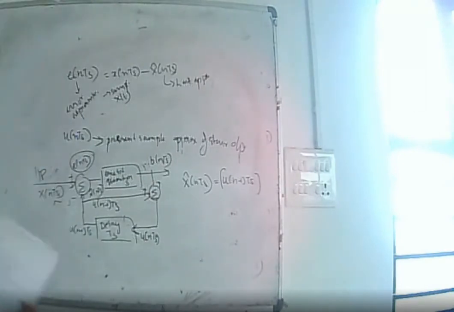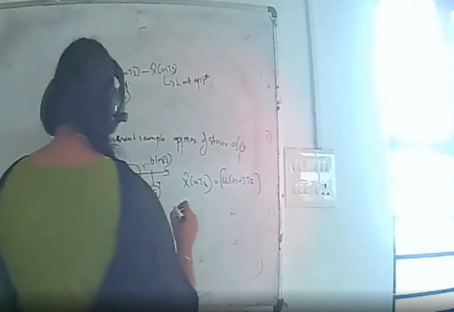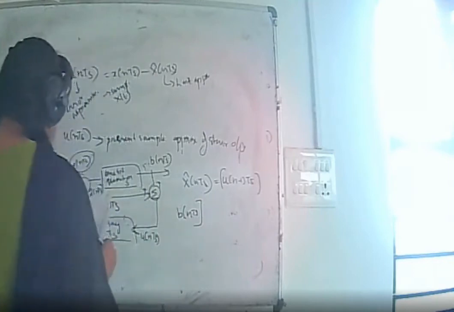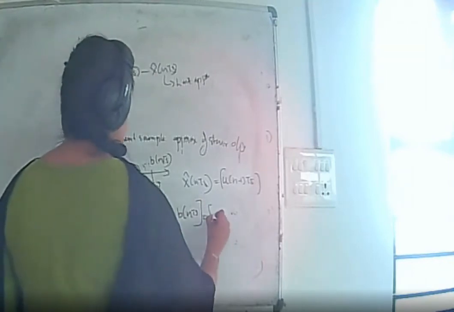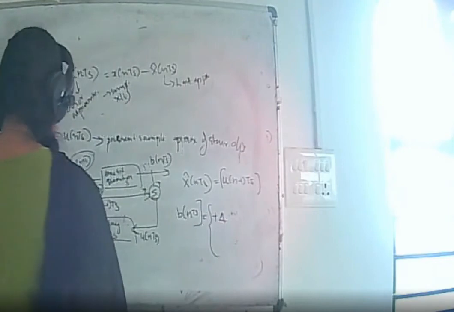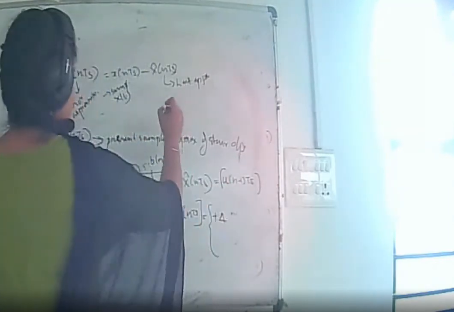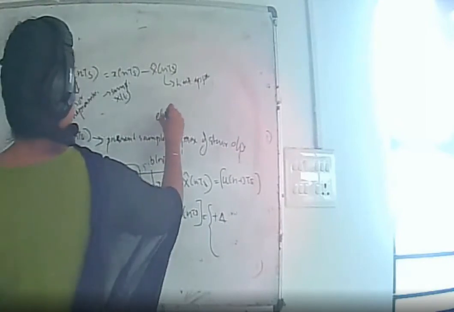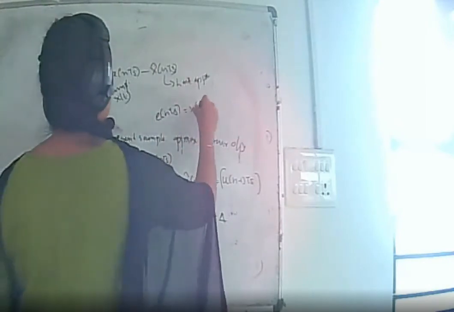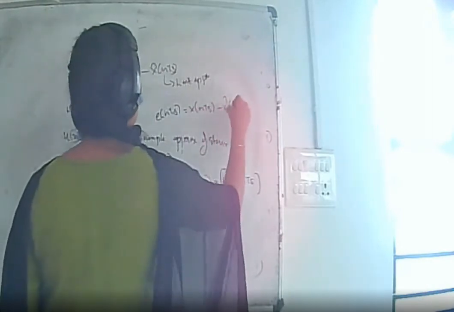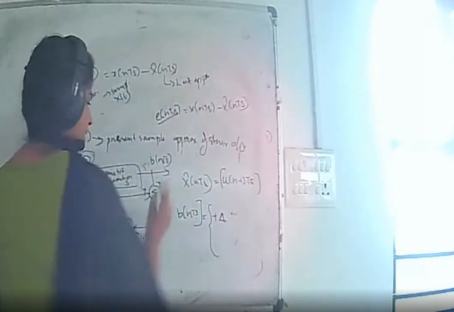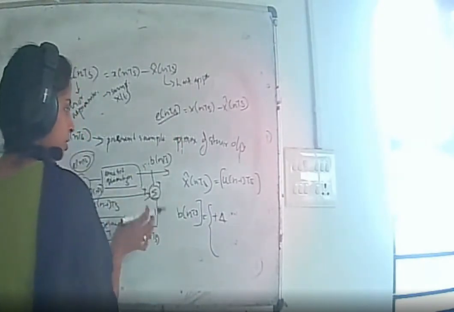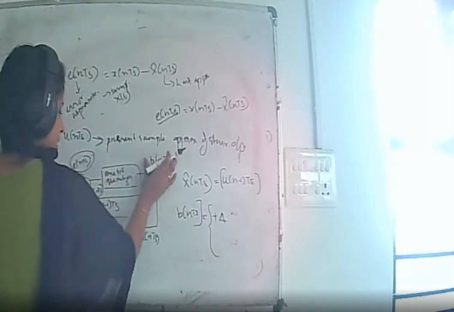And we know that b of nTs is plus delta if e of nTs is positive. E of nTs passes through a 1-bit quantizer and the output is b of nTs.